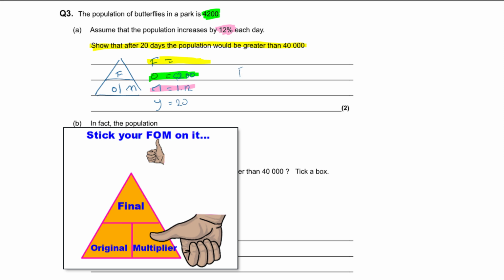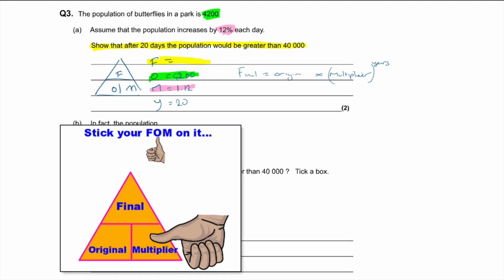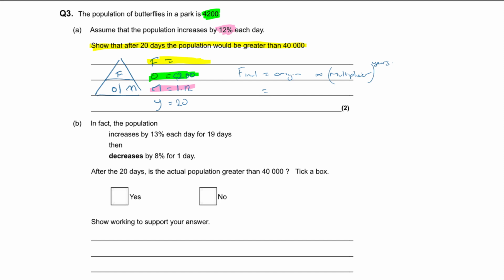Okay, so then final equals original times multiplier raised to number of years or days. In this case it's days, and then so original is 4,200, the multiplier is 1.12, and the number of days is 20.